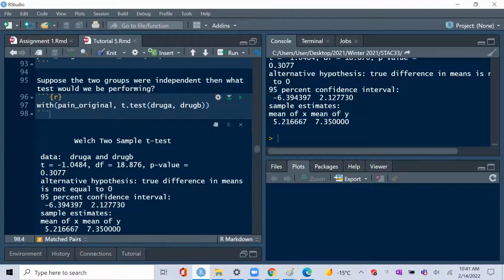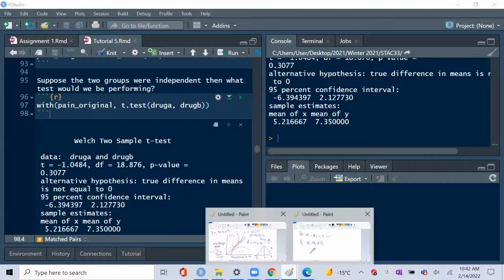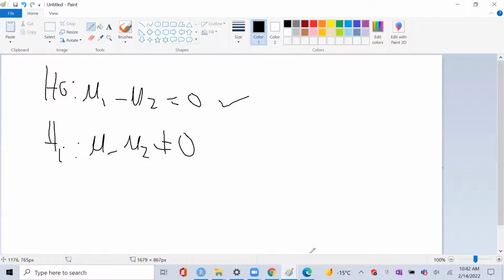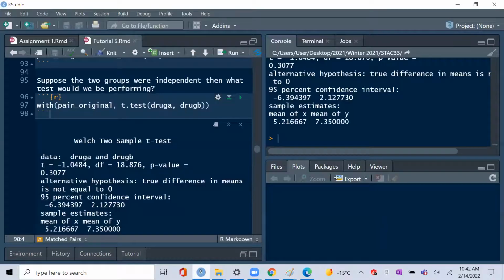The problem with this test, though, is that we know that we don't have independent groups. Even if we assumed pooled, I'm going to assume it's pooled. Suppose it's pooled, and let's change it.